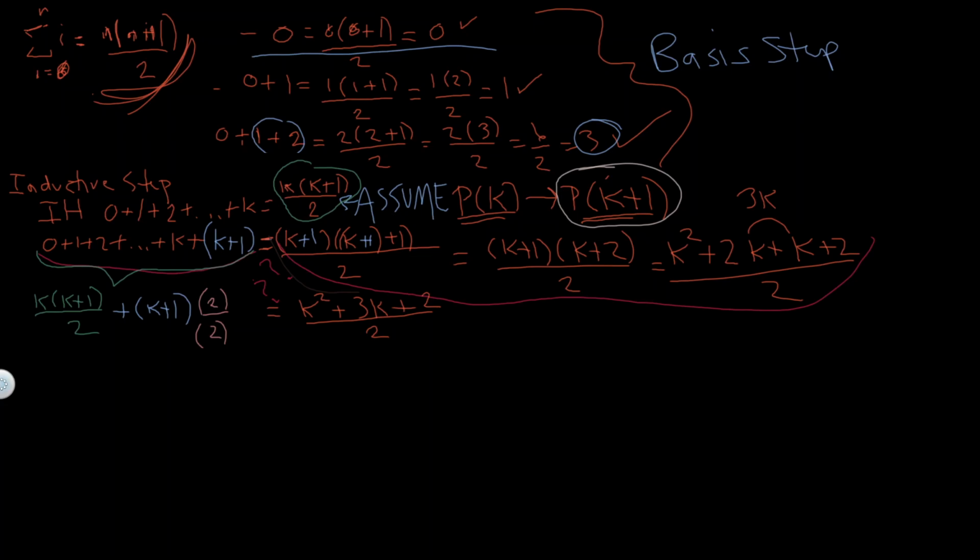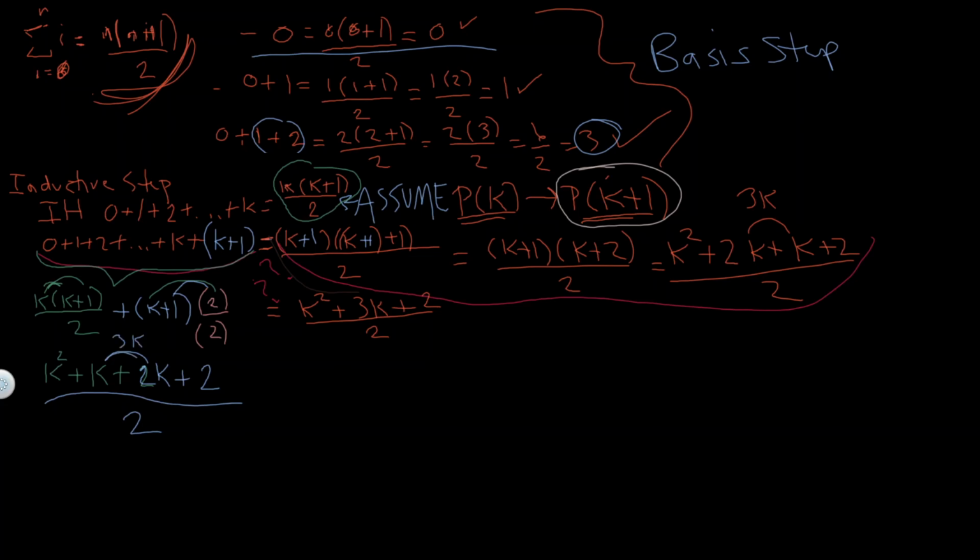So let's just expand out, first of all, our k squared, because we're going to distribute, plus k. And then we're going to add, and let's distribute this, 2k plus 2, and all of that is over 2. And you can see that 2k plus k is 3k.